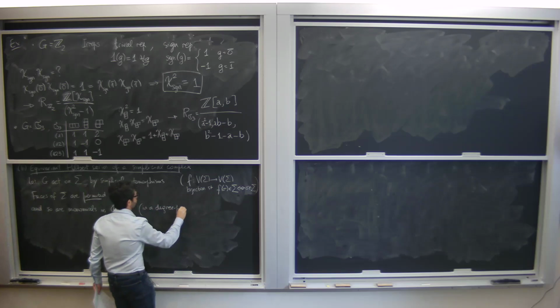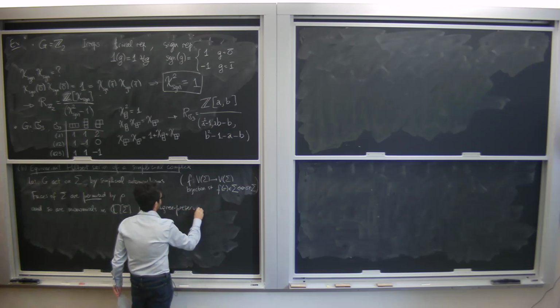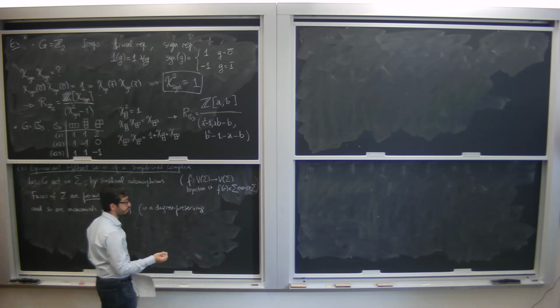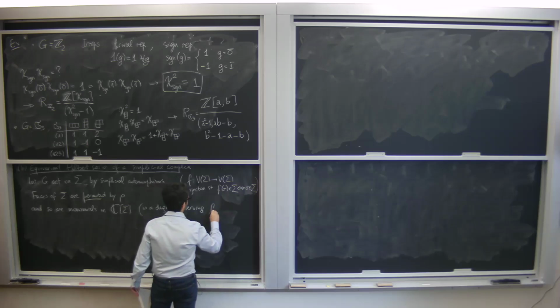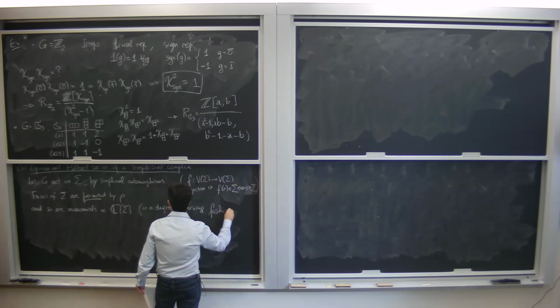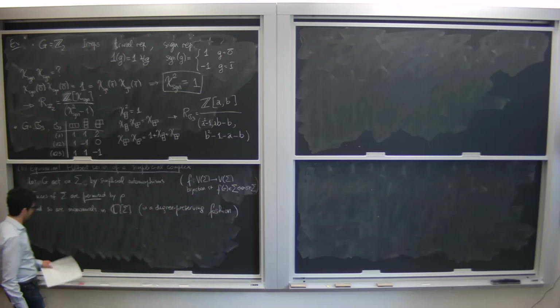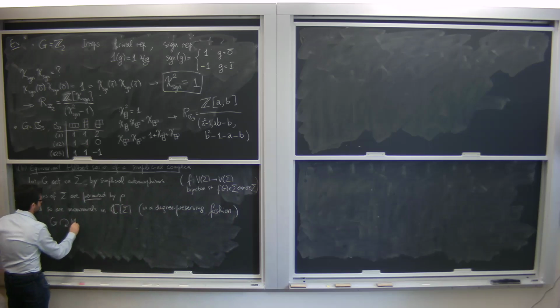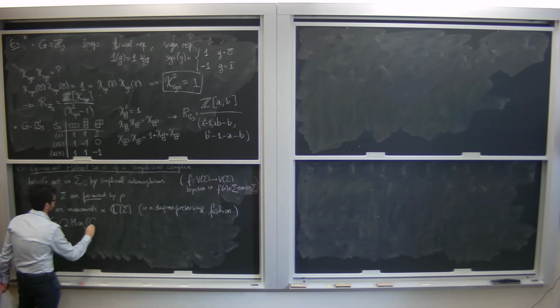I'm saying degree preserving because I would like things of degree 3 to stay within the same degree. Otherwise my graded structure is just going to go all over the place. Which means that I get an induced action on each set of monomials.